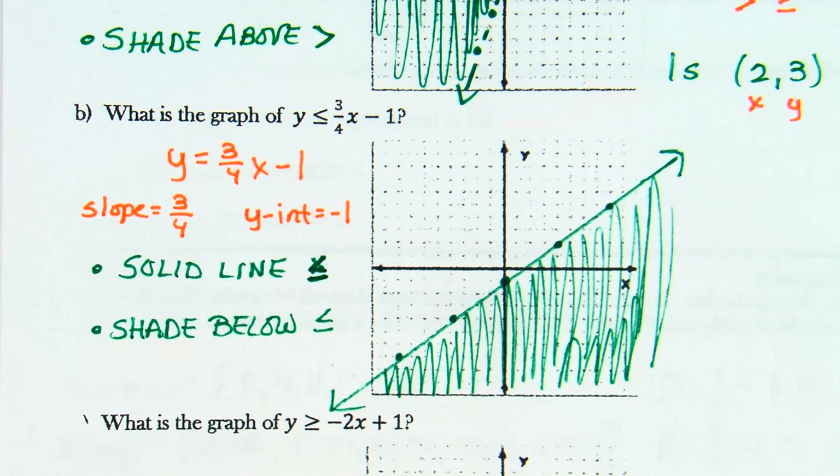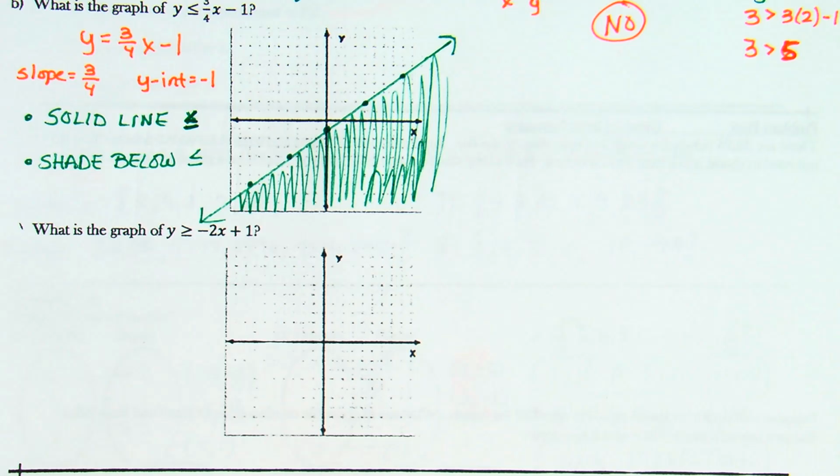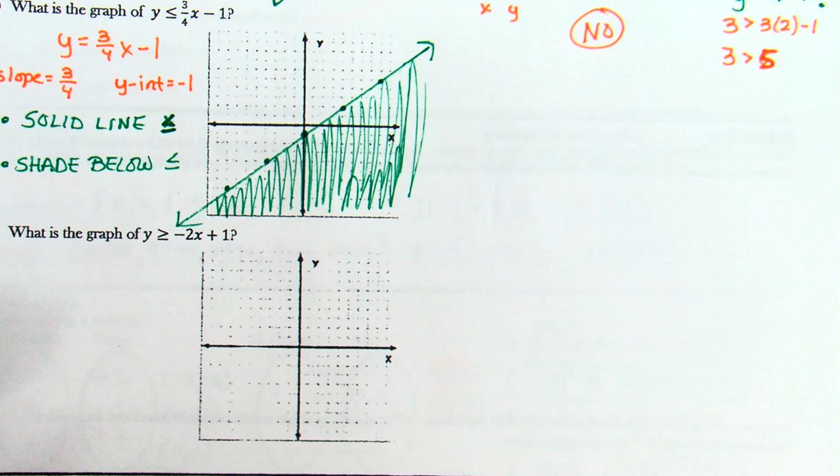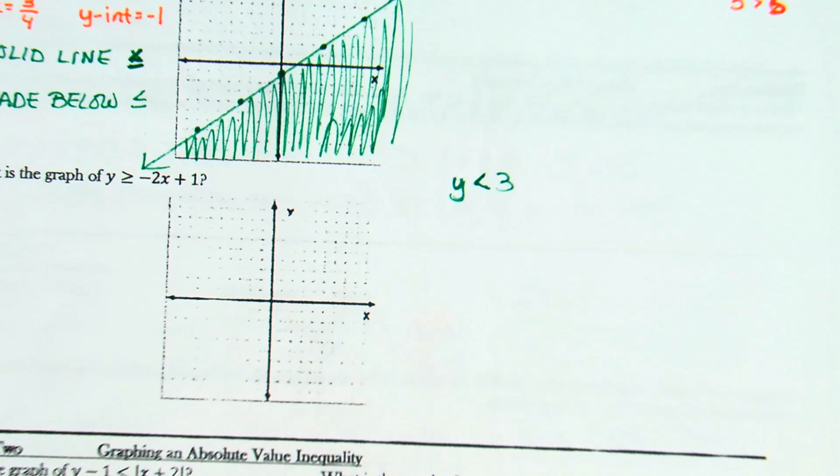I'm not going to do C because it's very similar to what we've just been doing. However, I got a couple of side example special cases that I want to throw at you. So I think I'm going to put these special cases over beside C somewhere. And the first special case is what if you are given y less than 3 and you're told to graph it.